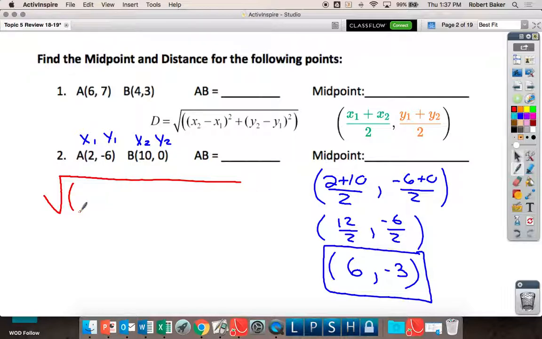So I need to use my same points and use the distance formula. x2, or my second x value, is 10, minus my first x value, 2, squared, plus my second y value, 0, minus my first y value, negative 6, squared. If you can do that, that's called showing your work. Then you can just plug that into your calculator. So I'll show you what that looks like.